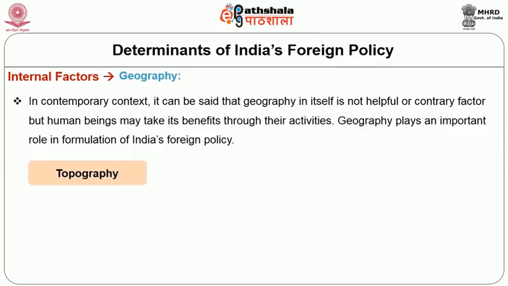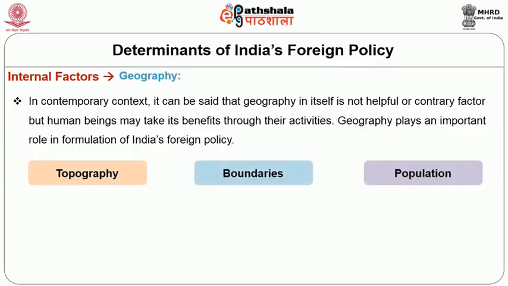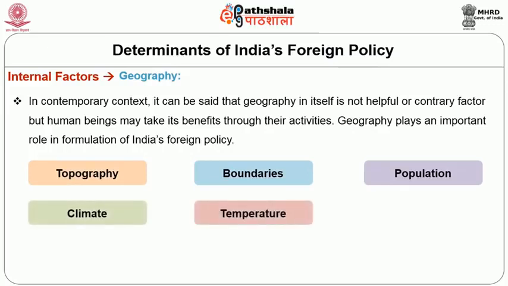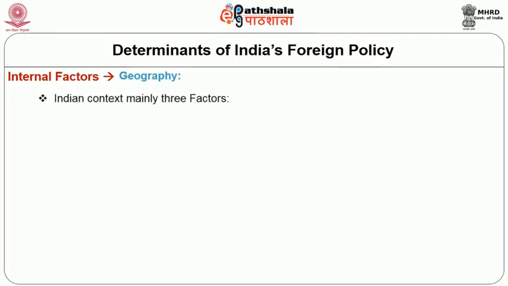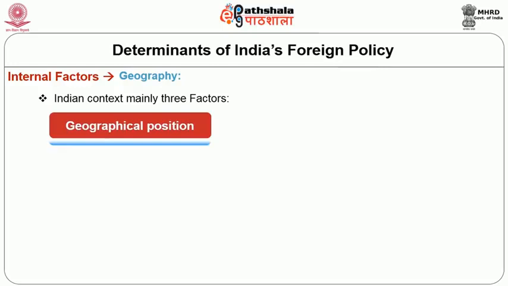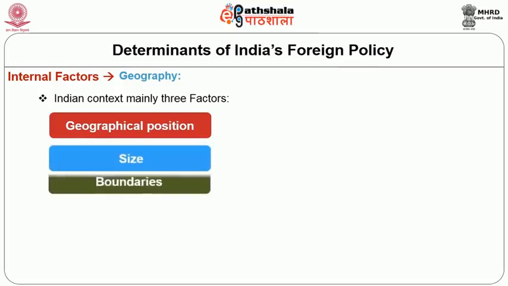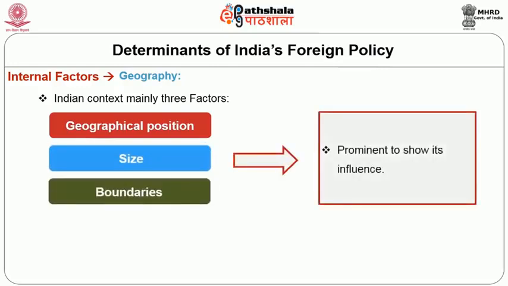Size, topography, boundaries, population, climate, temperature, water resources, soil, etc. are all included in geography. But in the Indian context, mainly three factors: geographical position, size, and boundaries are prominent to show its influence.